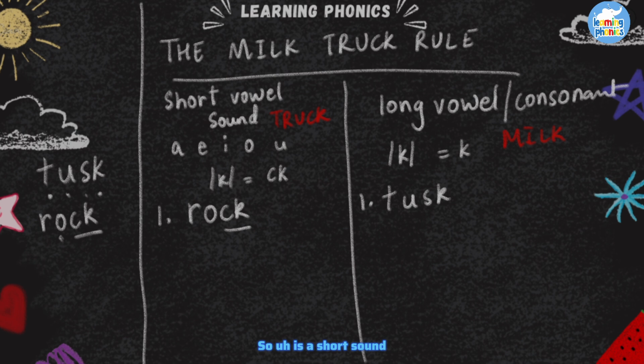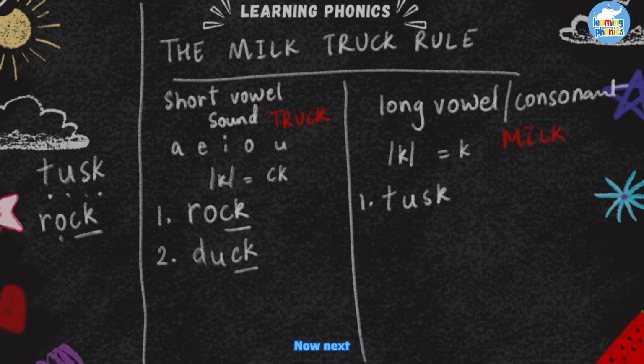So u is a short sound. So where is it going to be? It's going to be under the truck rule. Very good. So what are we going to put? First we are going to write d, u, and for k, what are we going to use? ck, because why? Because it has a short sound before it.